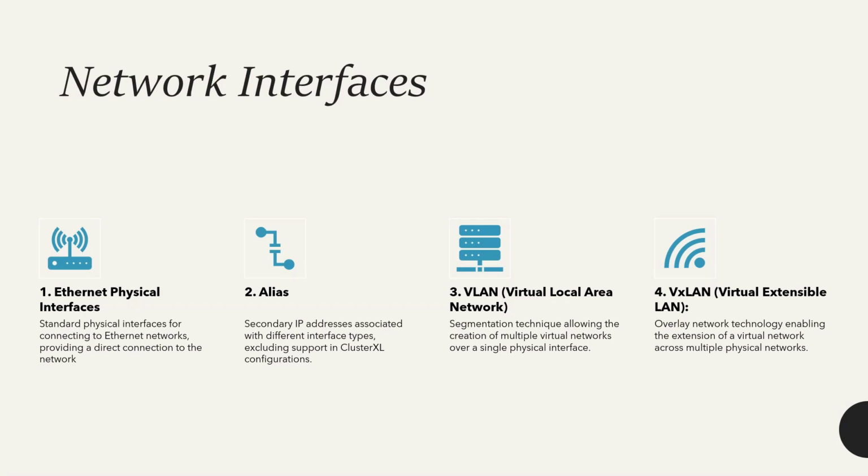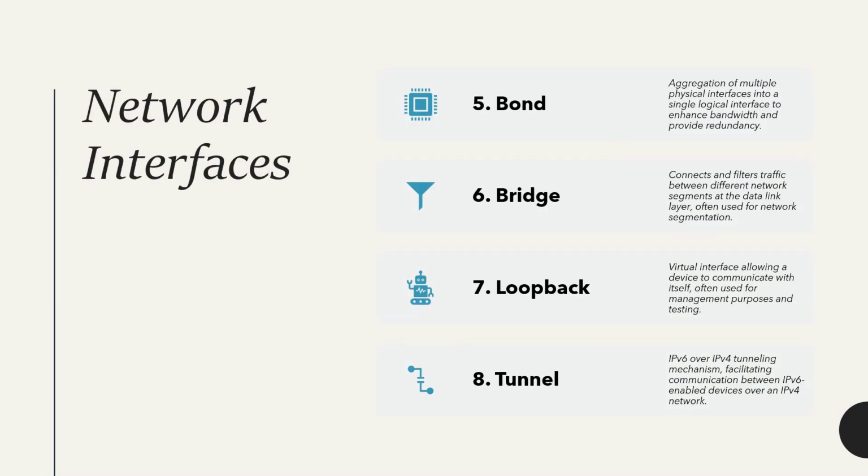VXLAN, virtual extensible LAN, is a technology enabling the extension of virtual networks across multiple physical networks. Bond interface is a logical interface which is an aggregation of multiple physical interfaces. Bridge is for filtering traffic in the network at the data link layer. Loopback is for management purposes. This interface allows a device to communicate with itself. 6in4 is for IPv6 enabled devices.